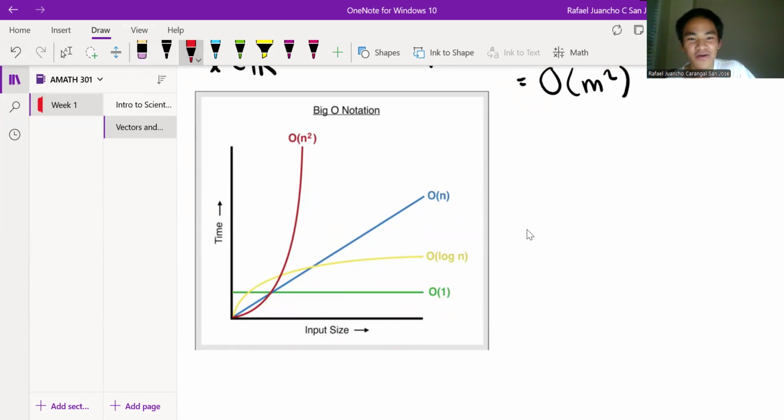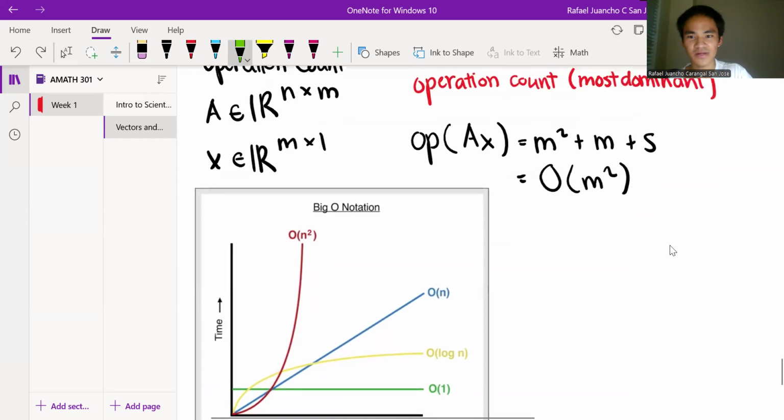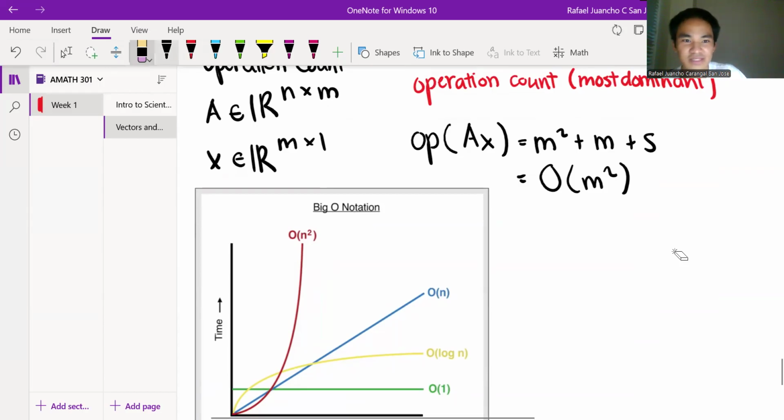But if you go O n squared like that, the time increases. So actually, the best running time is this constant time. O m squared is the same as O n squared. It doesn't matter what letter you put. It's the same thing.